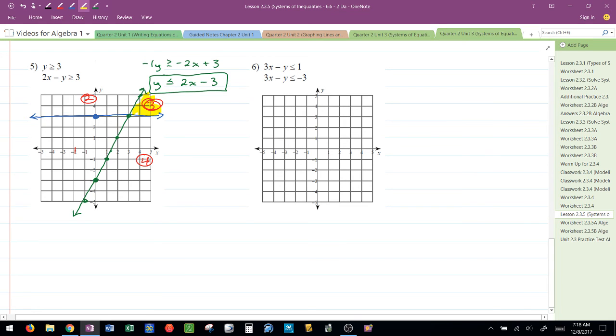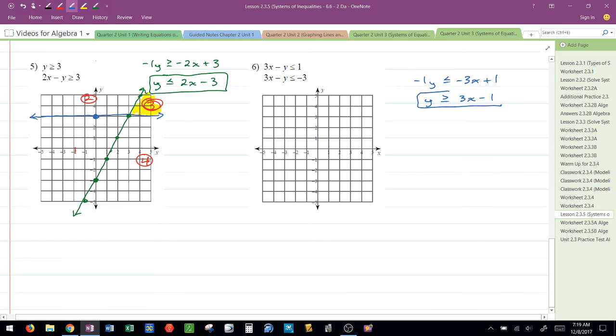All right, so let's take a look at this last one. I'm going to solve the first inequality for y, get it in slope-intercept form. That would leave me with negative 1y is less than or equal to negative 3x plus 1. Dividing by a negative tells me to flip the inequality, and then it becomes y is greater than or equal to 3x minus 1.